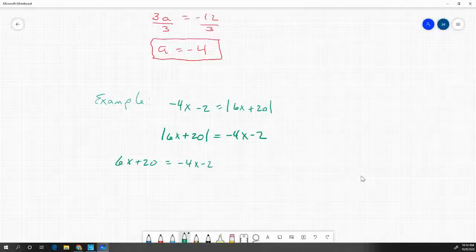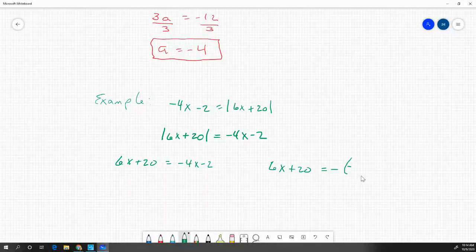That's all we're setting it up to, is exactly what's there. The other one we set up has to be 6x plus 20 equals negative, create a grouping, minus 4x minus 2, because we have to run that negative through the entire grouping when we're solving it.